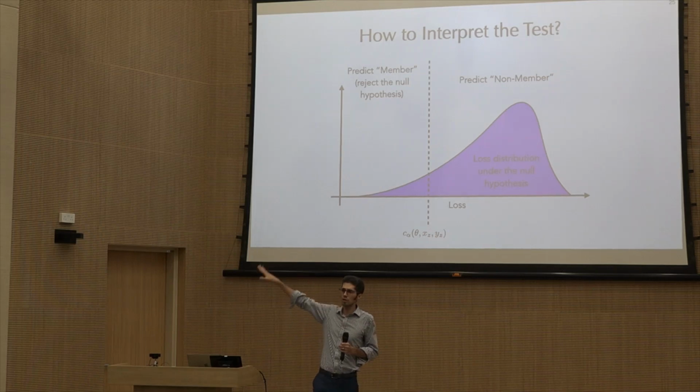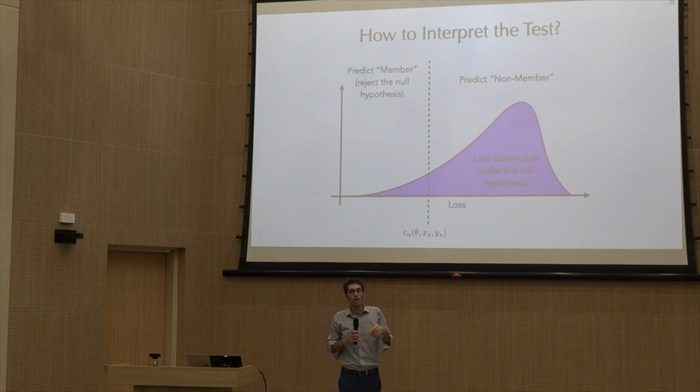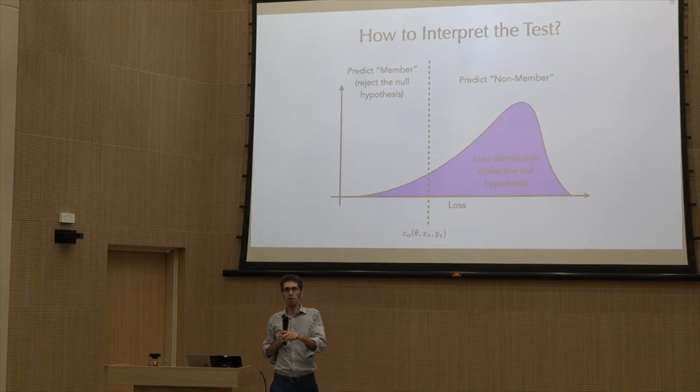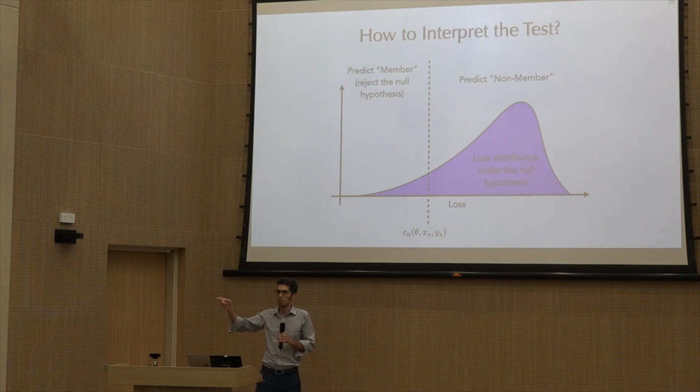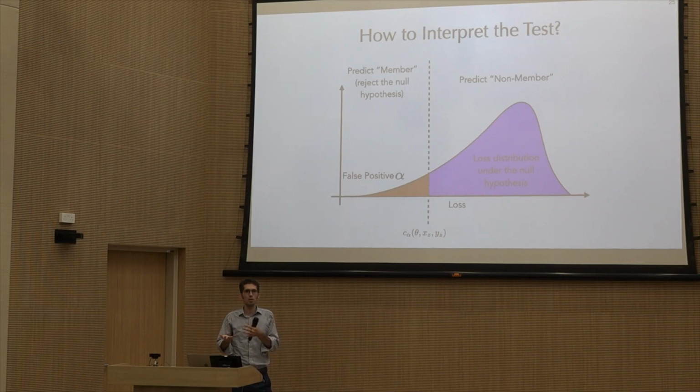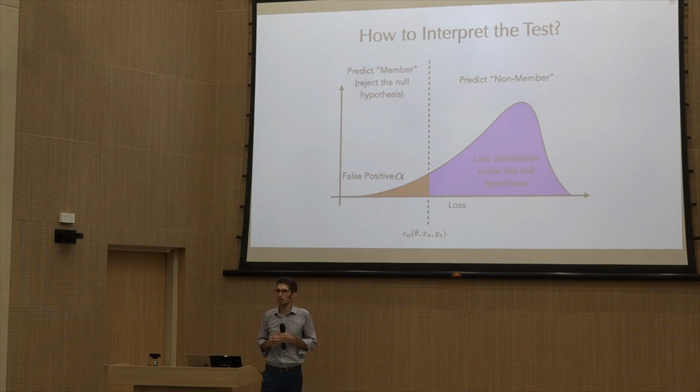So I get lots of outsiders, compute the loss, this is the histogram, and you expect your attack to say non-member for all of them. But you have a threshold, and for every non-member in this histogram that is on the left side of the threshold, you are making a mistake. Because these are all non-members, and they are on the left side, you say they are members. So this is where your false positive error is.